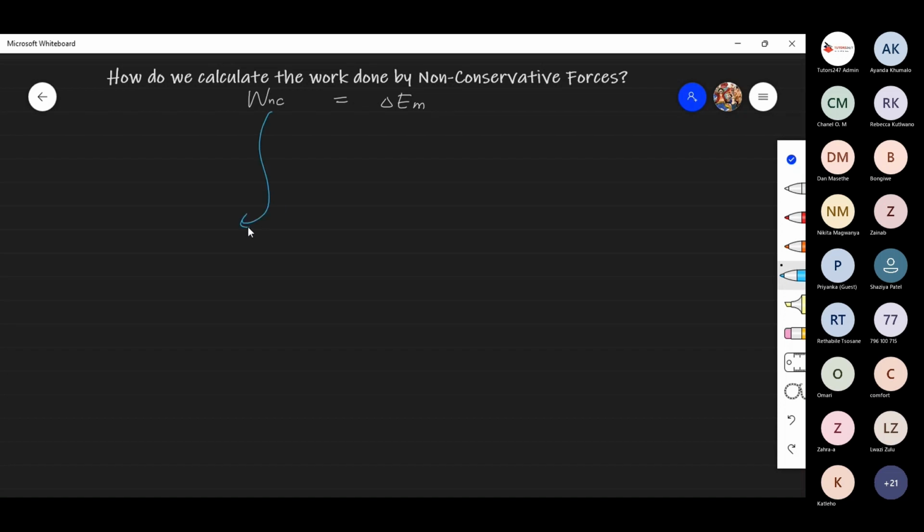So the work done by a non-conservative force. Let's have a look at work net. Okay, so we know that work net was basically the work done by all of the forces that we were dealing with, right?